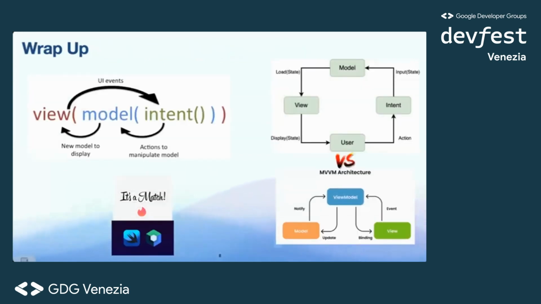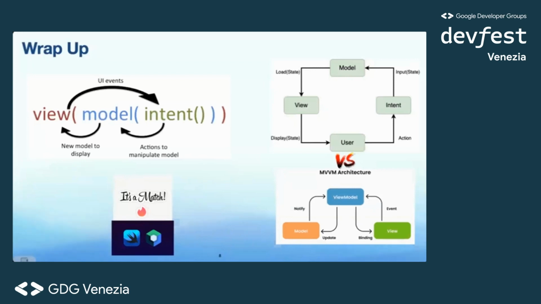So to sum up, we saw that the main difference between the other M patterns and MVI is the unidirectional data flow. That image is particularly important because we can understand that the user has a desire and expresses this with the intent. The model changes its state in function of the intents.